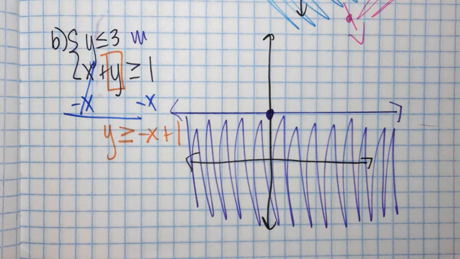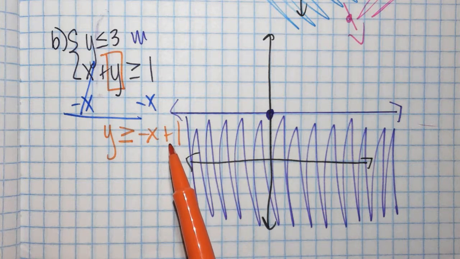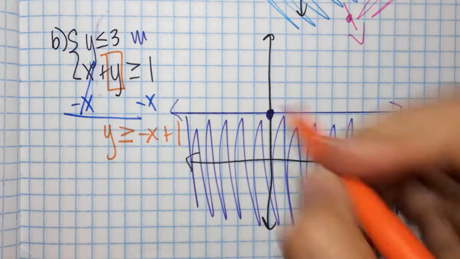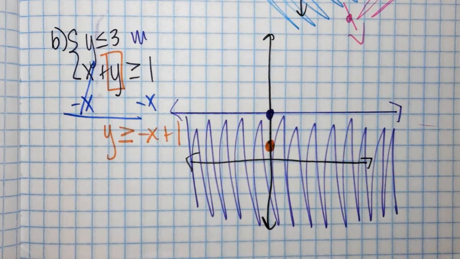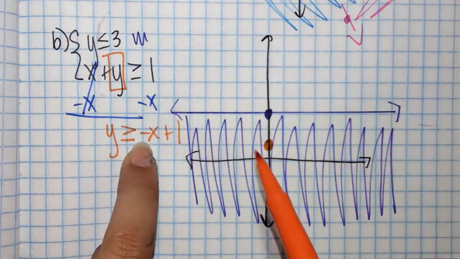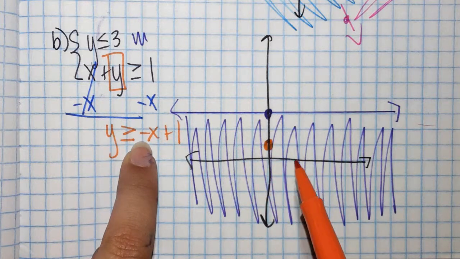No, I gotta graph that orange line. Who can tell me how to graph that orange line? Allie! You go up one. I go up one. Alright, who can tell me what I do from here? You do negative. So I have a negative. So do I go up and right or down and right?